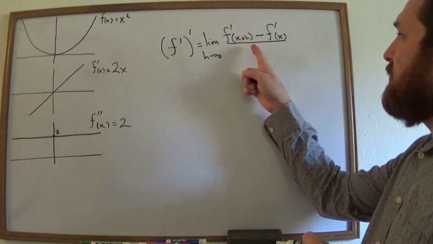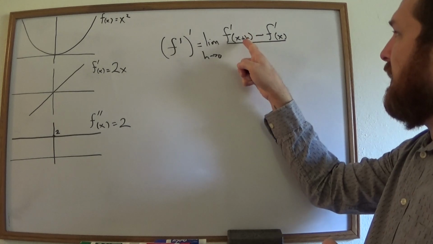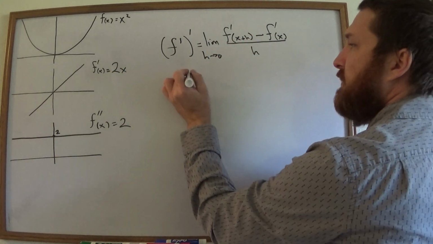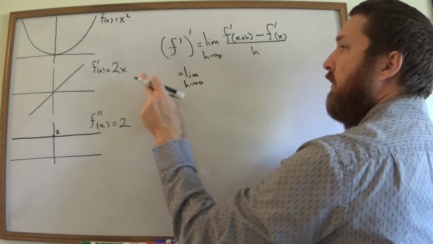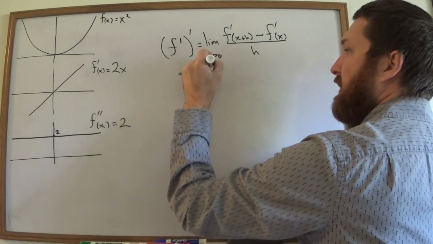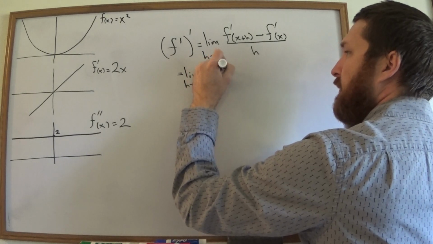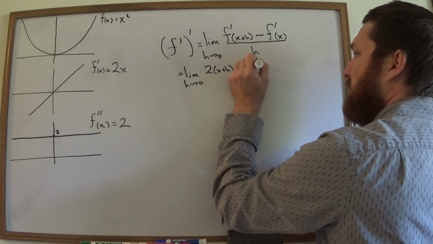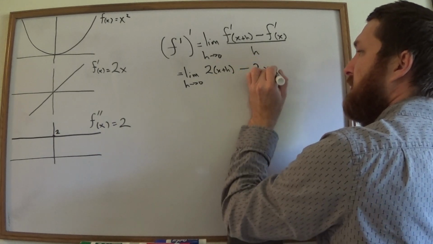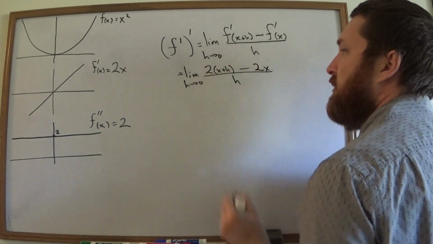And so now we're just going to fill this stuff in. If I plug in an x plus h into that function, we're going to get 2 times x plus h minus, this is just f prime of x, which is just 2x, all over h.